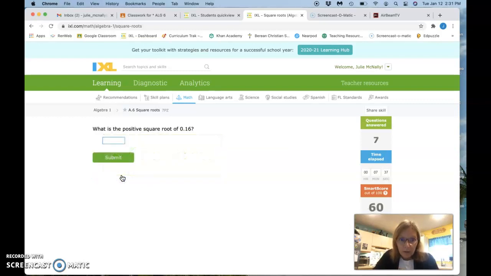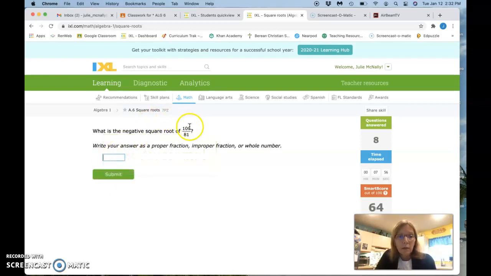What is the positive square root of 0.16? I'm going to put that in my calculator. Take the square root, it would be 0.4 because it only wants positive. Negative square root. This time they want a negative, so I'm going to put a negative sign there.